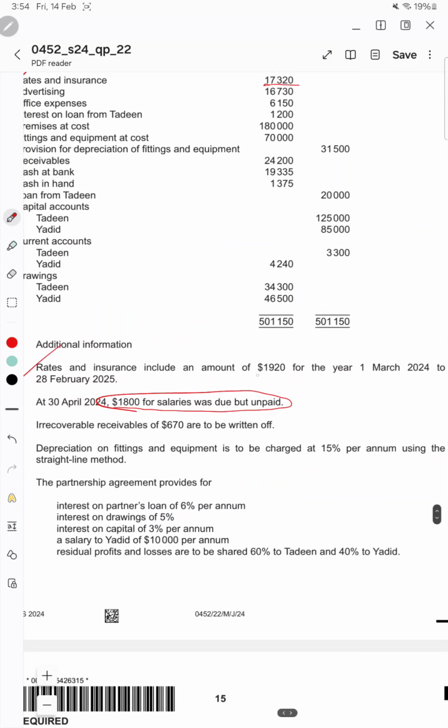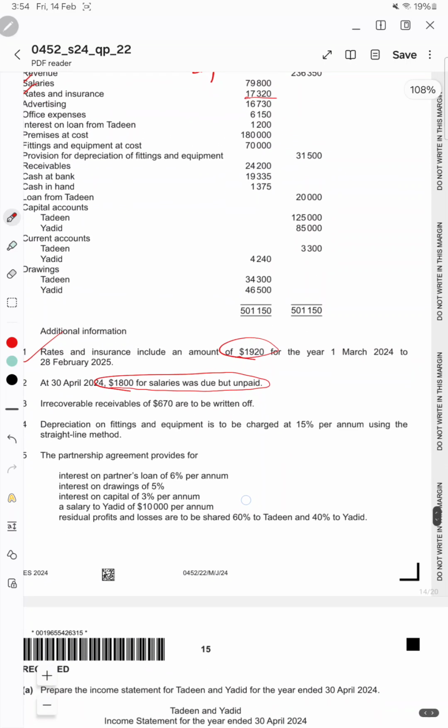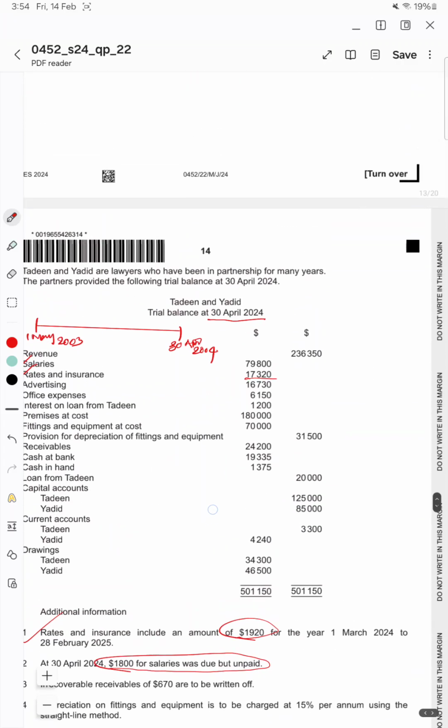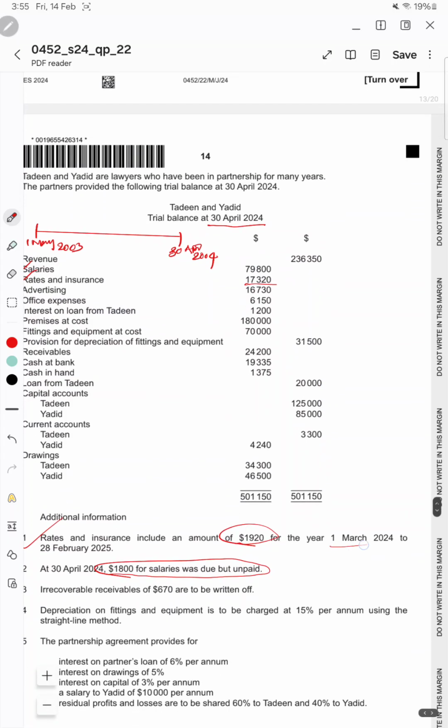Rates and insurance include the amount 1920 for 1 year, starting from 1st March to 28th February 2025. As we already know, our financial year starts from 1st May, and here March onwards means it extends into the next year, 2025. So this is a prepaid expense.